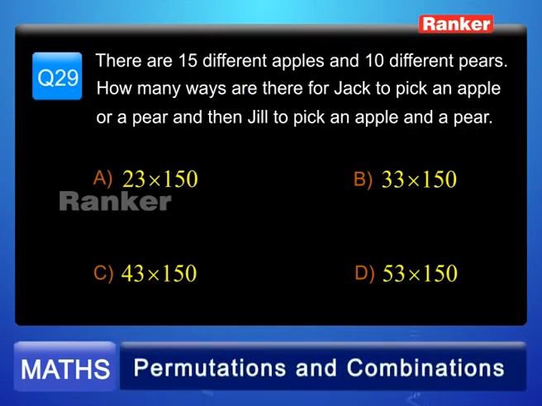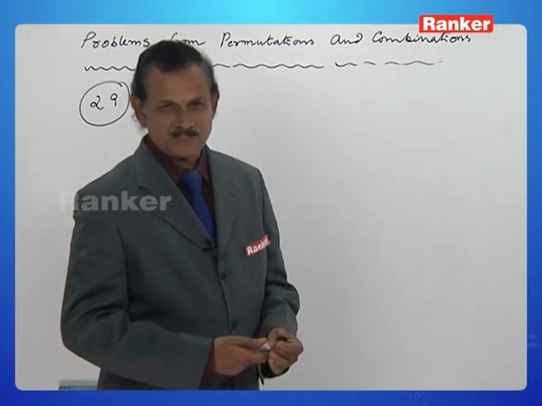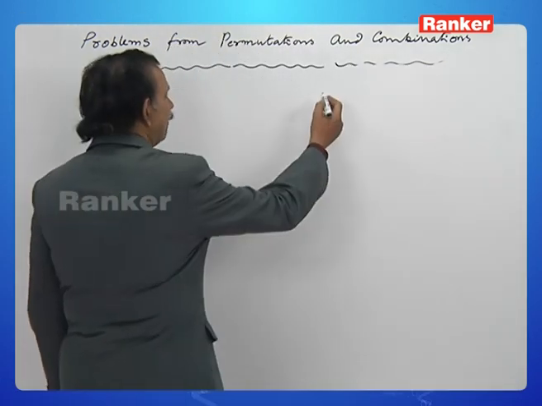What are the options? 23 into 150, 33 into 150, 43 into 150, 53 into 150. 150 is a common factor among all the 4 options given. Let us now see. What is the situation? How many apples are there?